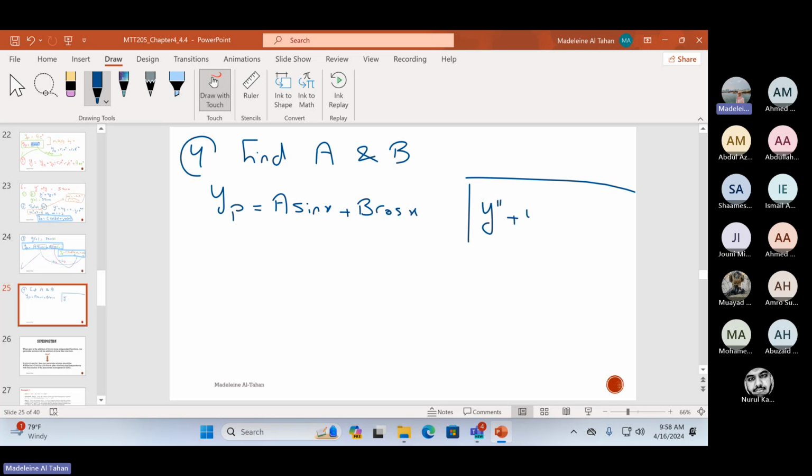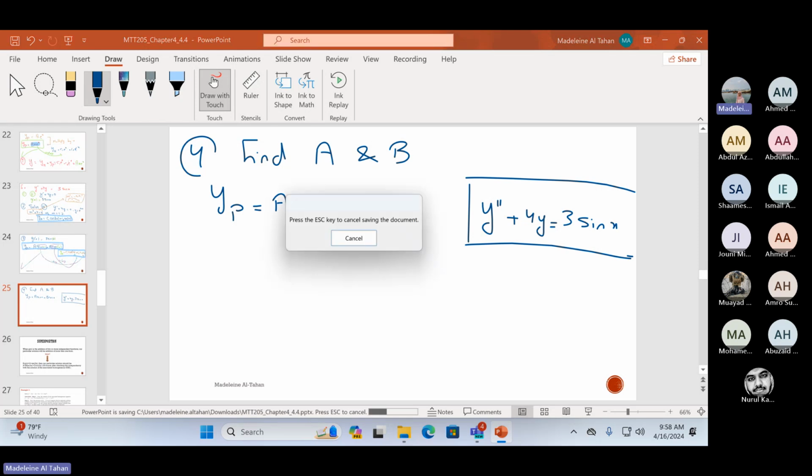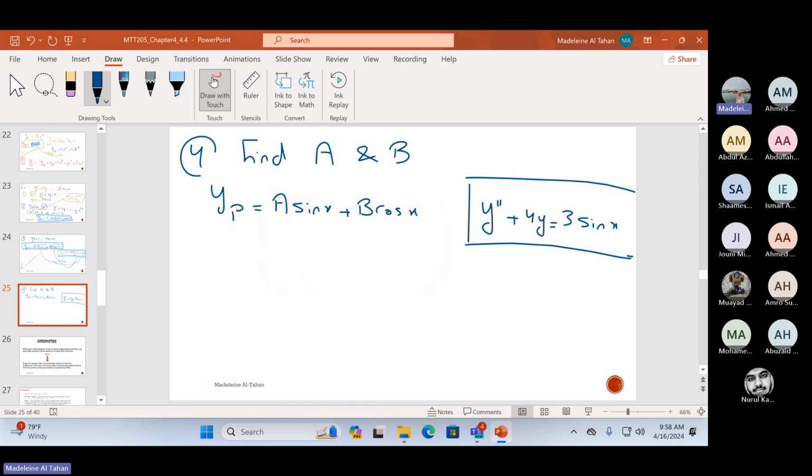In y double prime plus 4y equals 3 sine x, right? Because it is a solution. Any questions, miss? So can we find yp double prime before finding yp prime? Can we, miss? Yes.